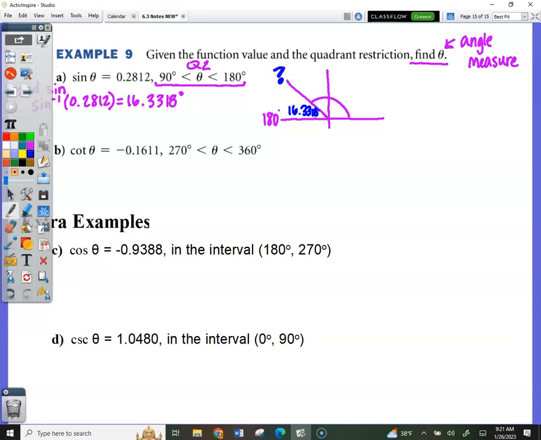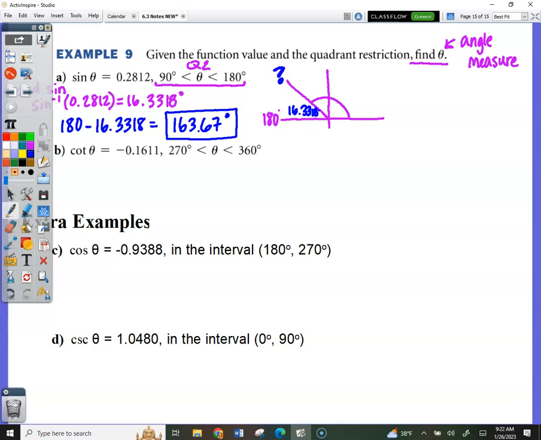So subtract it from the 180 and you can see what that angle from that rotation was. So 180 minus 16.3318 is 163.67. That's what happened. Well, for this example, they didn't tell us how to round it.